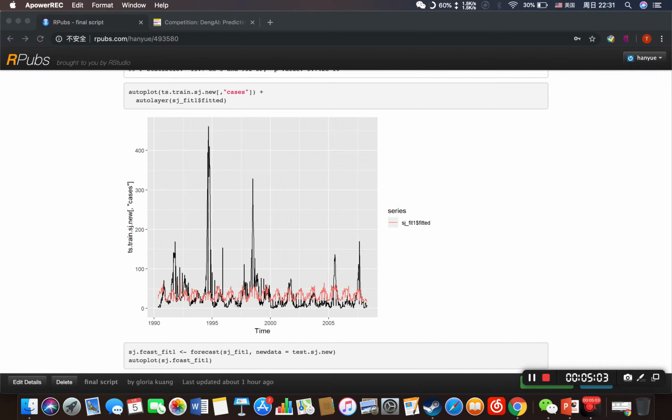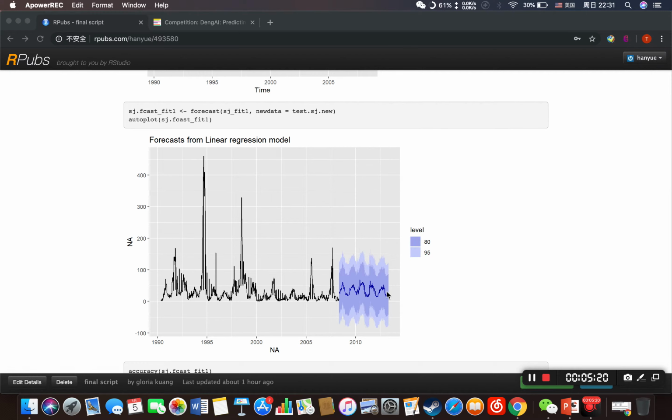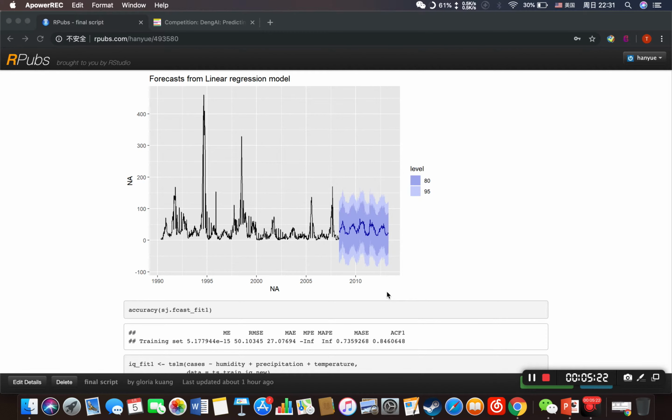This also means our model does not capture all the spikes, but we can see from the data that after 2005 the model seems fine because we have fewer spikes. I think that's the reason the TSLM forecasting result is not that bad.